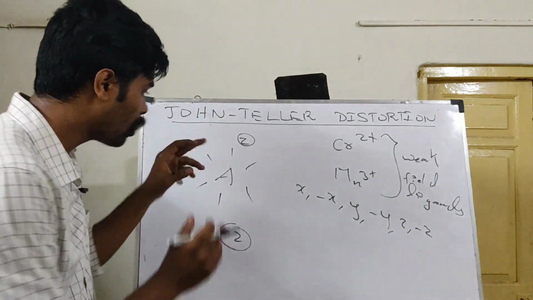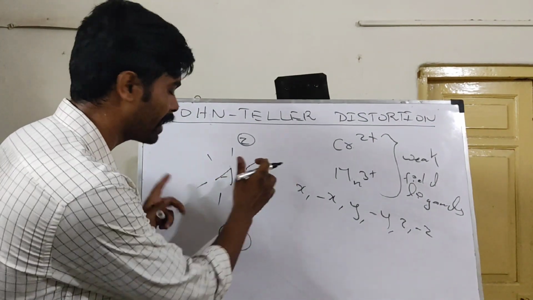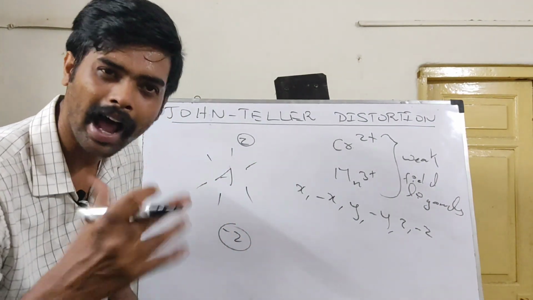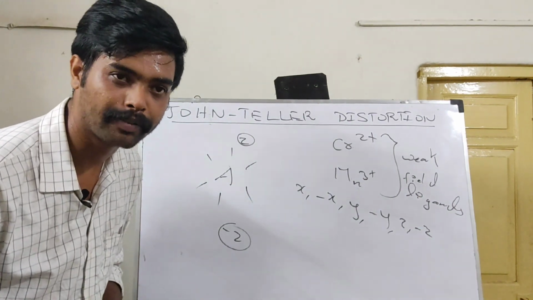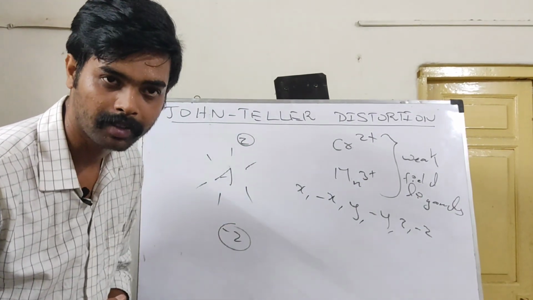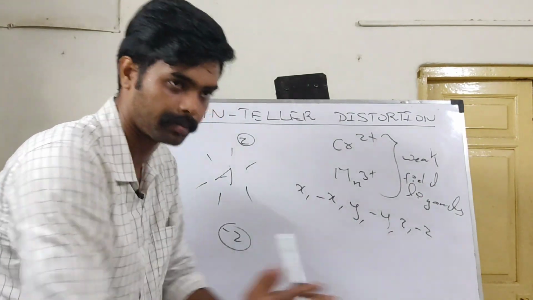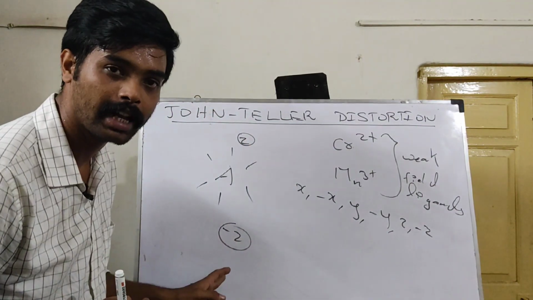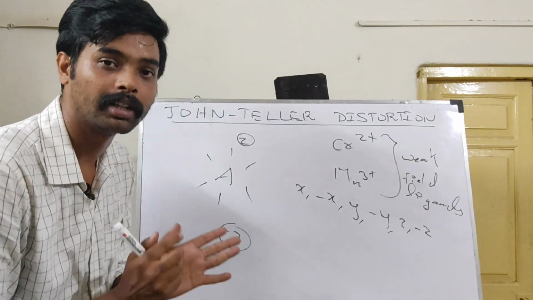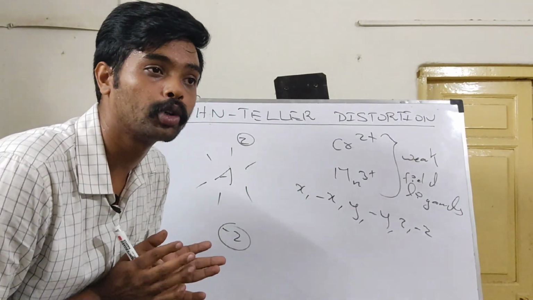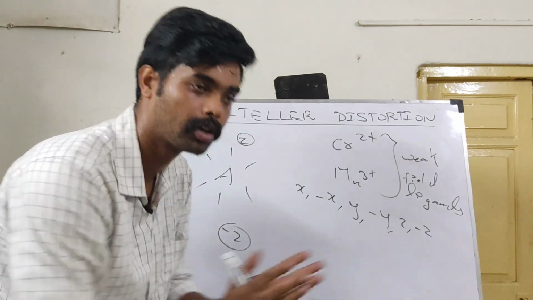Right, fine. So now what happens in the other 4 cases, that is when I have x, minus x, y and minus y, I don't have any electron left there to increase the repulsion further, right? So there the ligand will be able to approach a little bit closer. But in the case of z and minus z, due to higher repulsion, the ligand will not be able to approach the metal atom that closely.